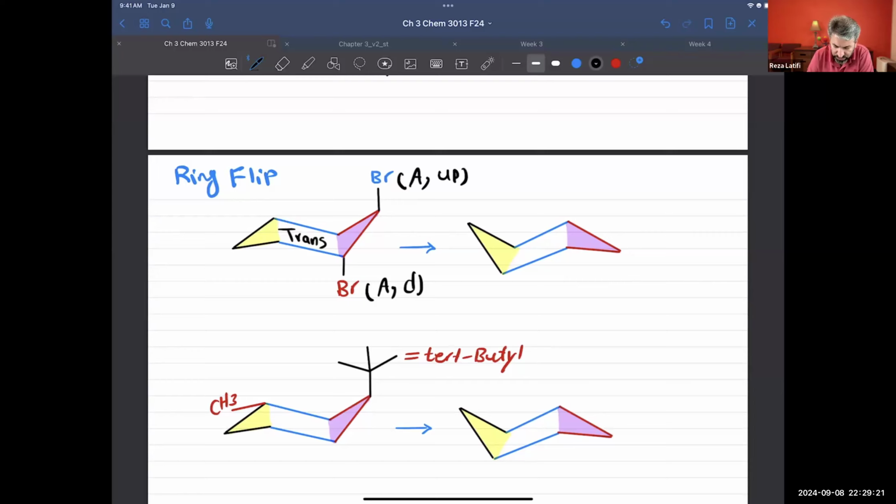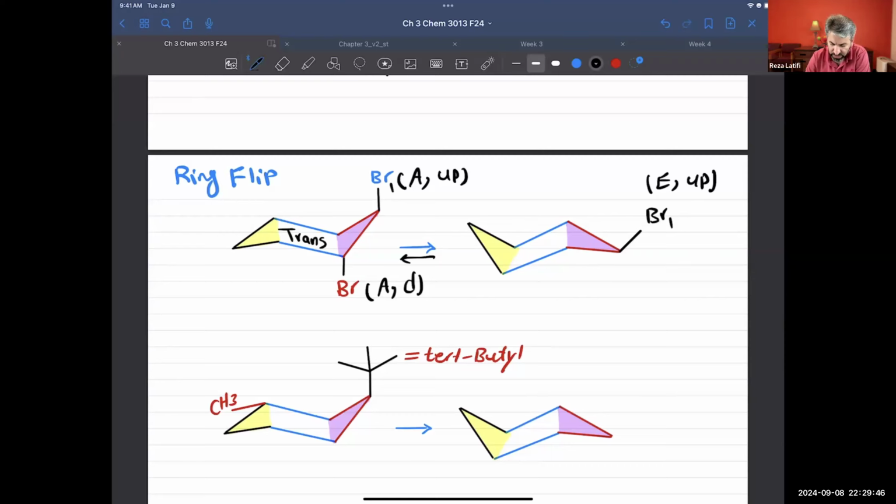If you do ring flip, one of the bromines will go from axial to equatorial position, and that bromine will be here, called bromine number 1. That bromine now is in equatorial, but still is pointing up.